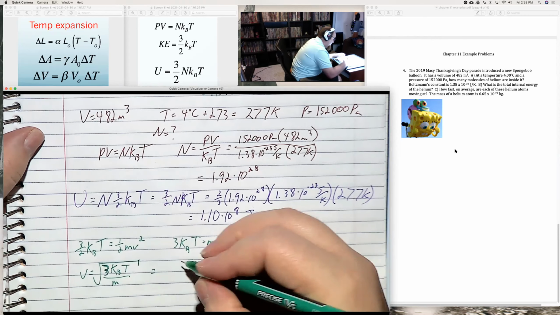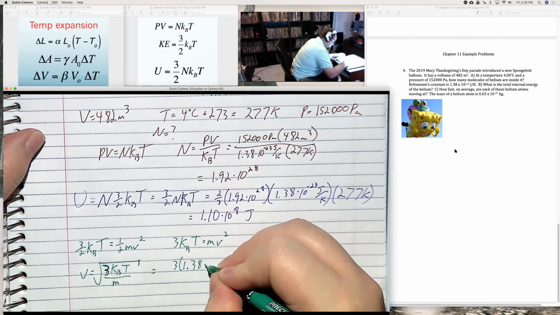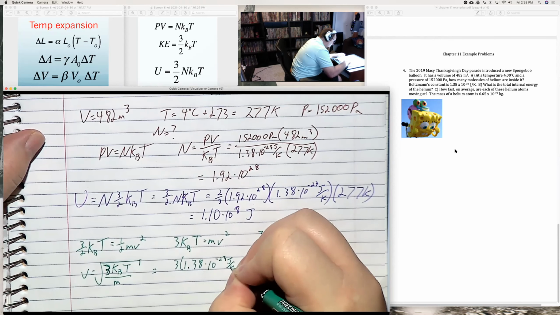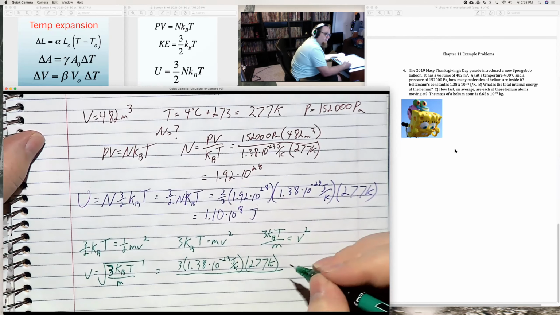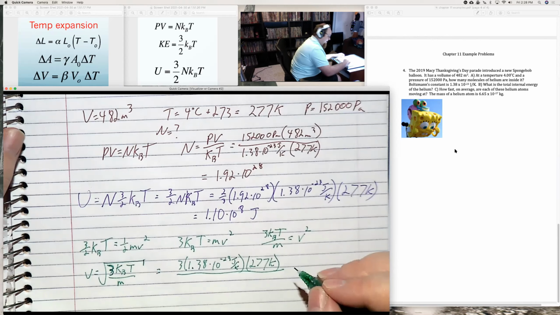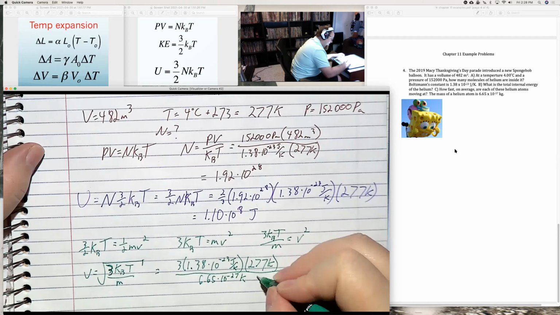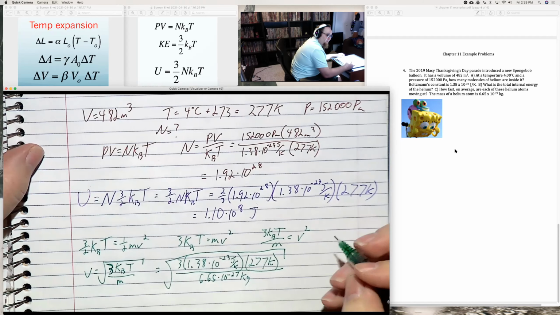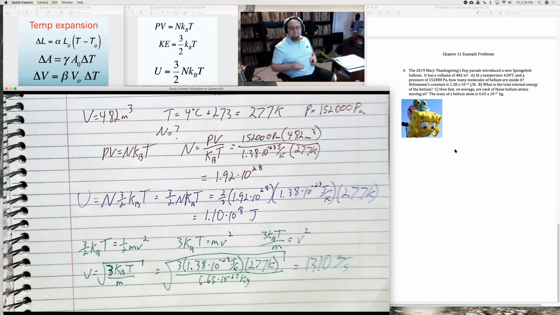And so the average velocity of a molecule will be the square root of 3 times k times T over the mass, 6.65. And there you go. Any questions?